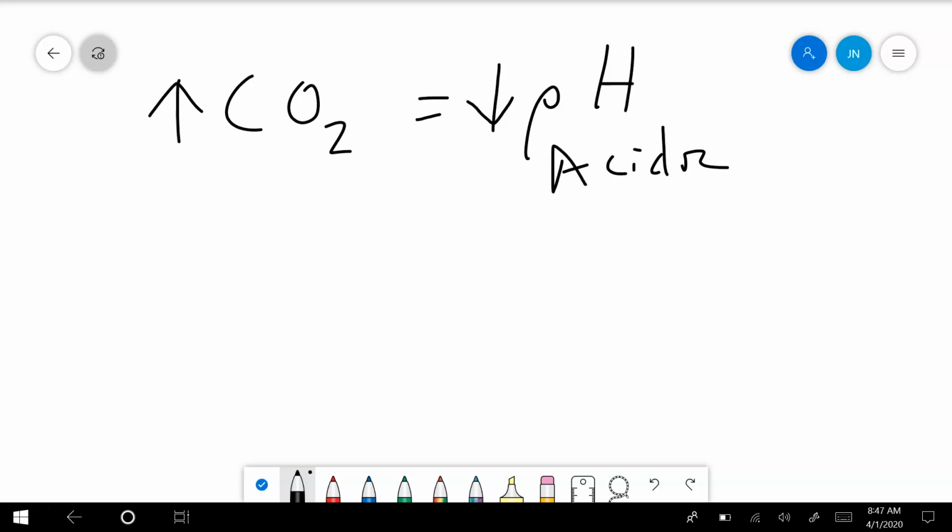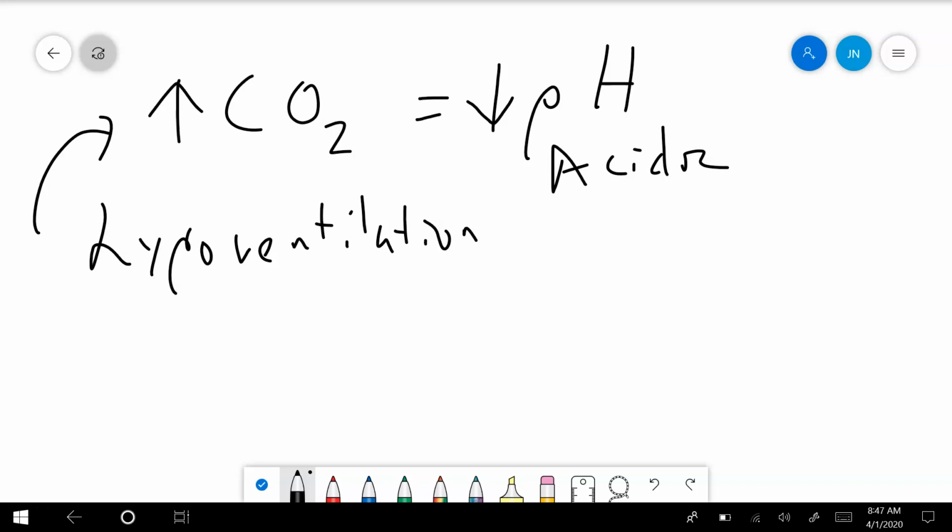Breathe slower, and carbon dioxide levels come up. You're not exhaling it. Breathe faster, hyperventilation, carbon dioxide levels go down. You get rid of too much carbon dioxide, the pH of your blood will become more alkaline.